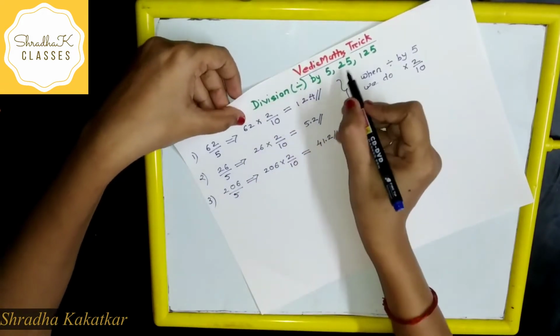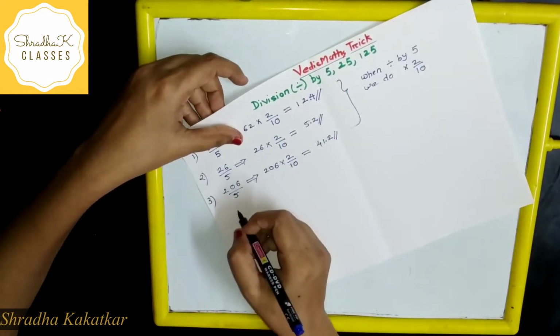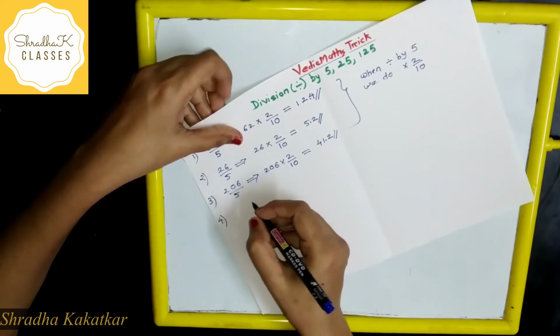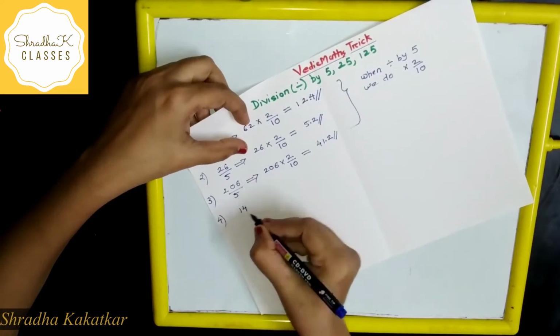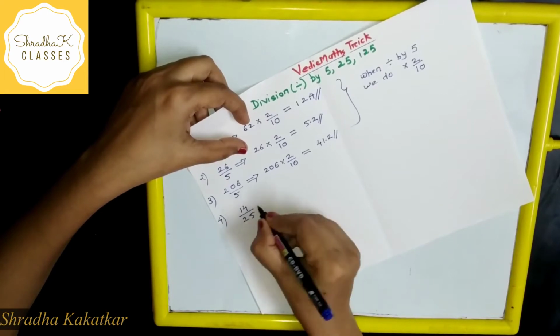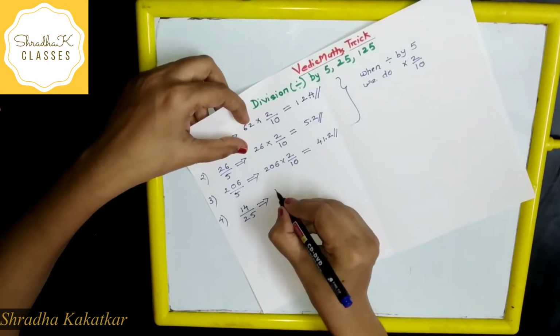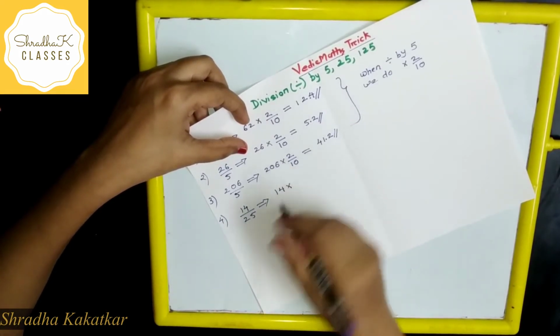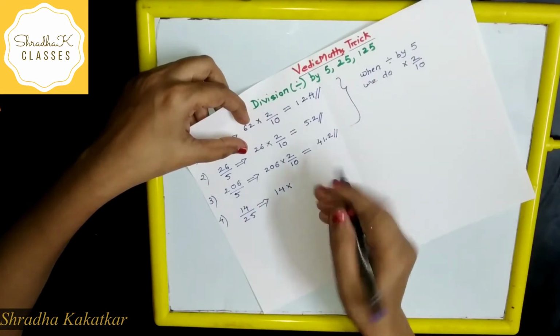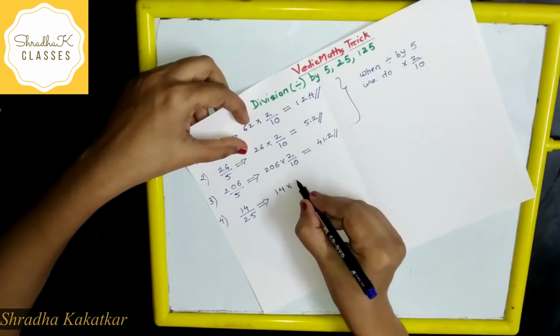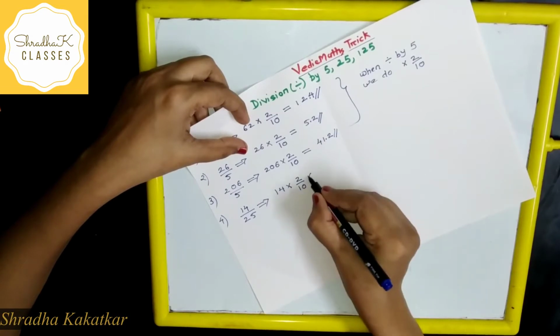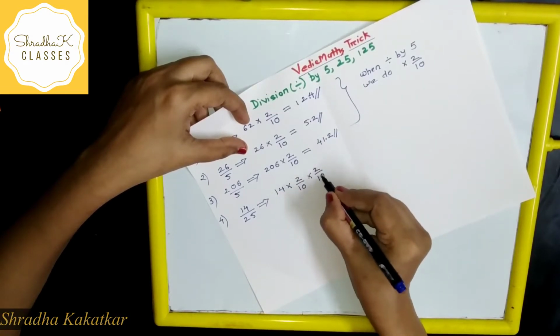Okay, let's move to division by 25. Let's take 14 by 25. Now what will you do? Write this 14 into 2 by 10 twice, so 2 by 10 into 2 by 10.